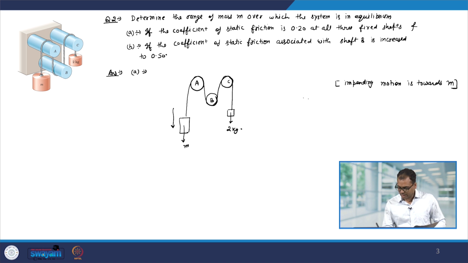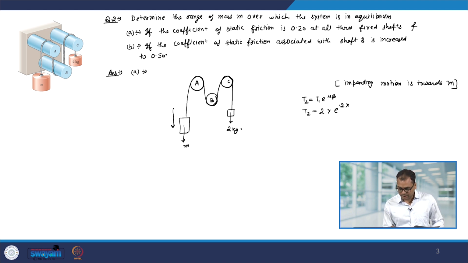Okay. So, we will have T2 equal to T1 e to the power mu beta. T1 is 2 kg into e to the power mu, mu is given, it is 0.2 for all the shafts. So, 0.2 into beta. Now, we have to see how much overall angle it is making.